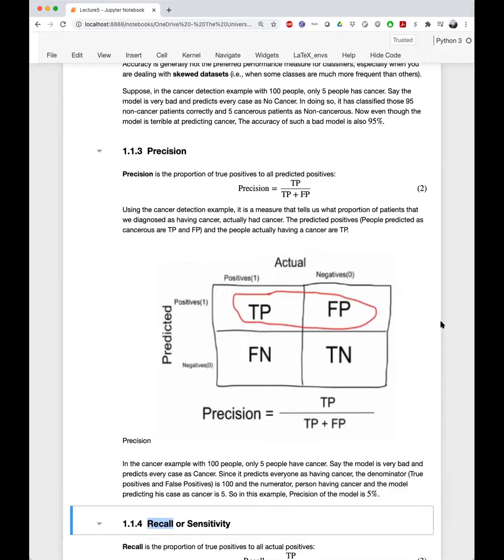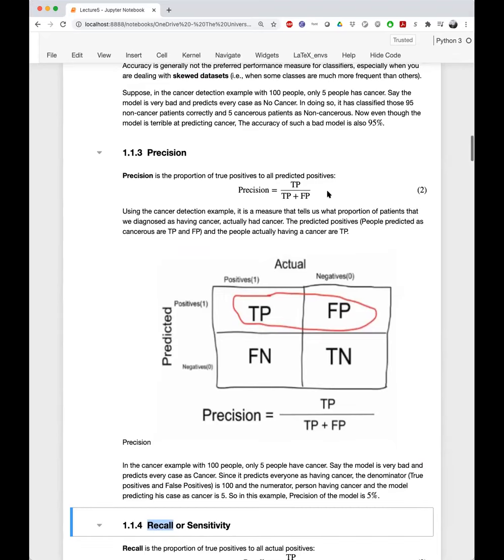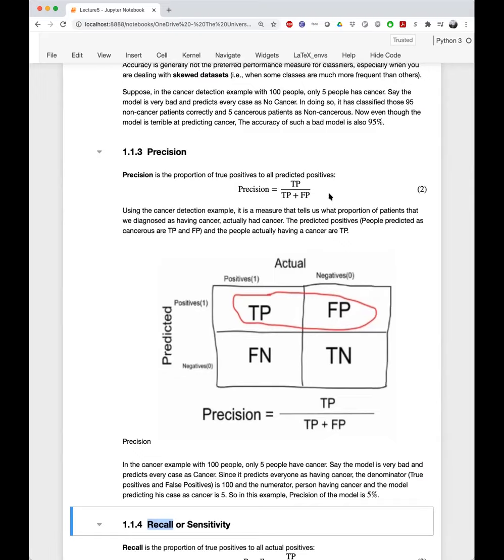The definition of precision is TP divided by TP plus FP. TP is true positive, and TP plus FP is the total number of cases that the model predicted positive. So that's the proportion of true positives to all predicted positives, true positive divided by the sum of the first row.